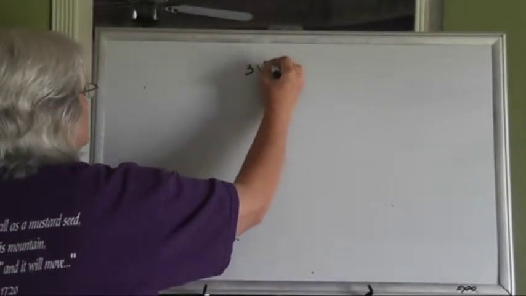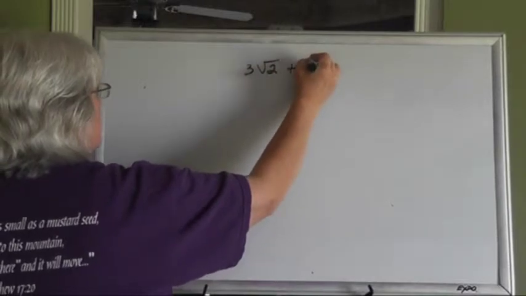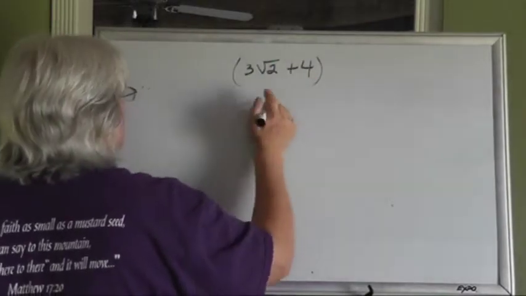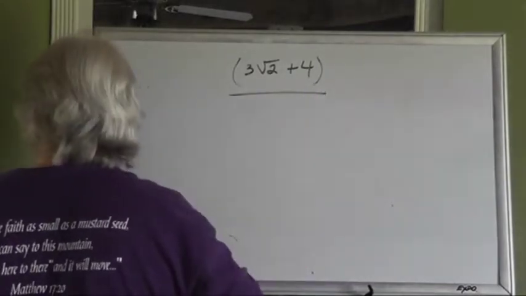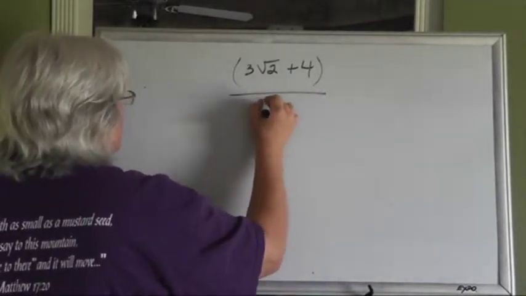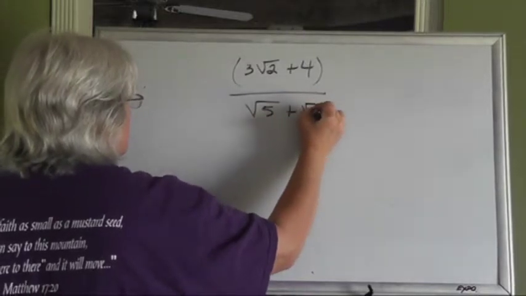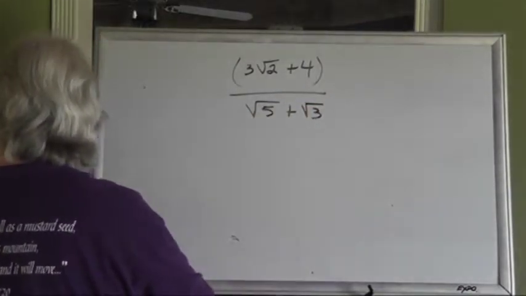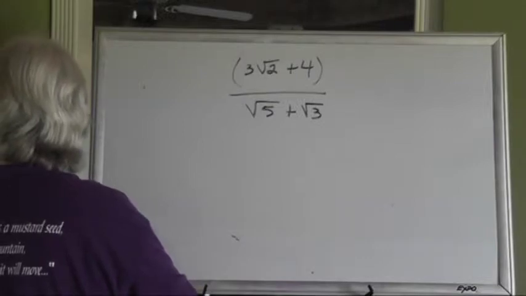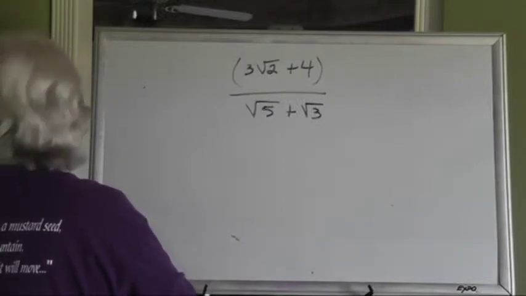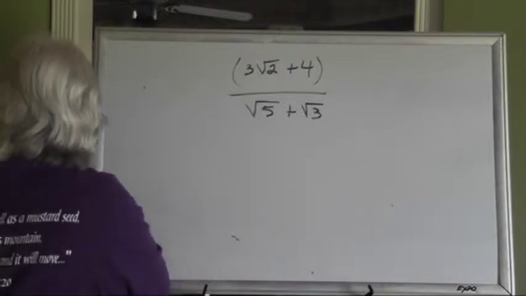3 times the square root of 2 plus 4 divided by square root of 5 plus the square root of 3.